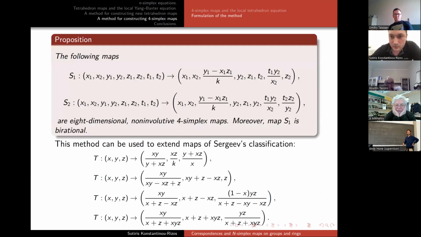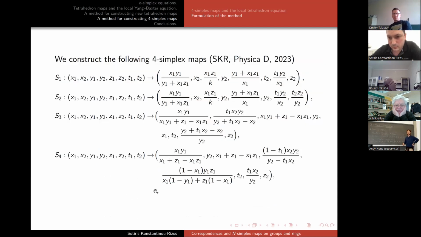This you can also do for other maps of Sergei's classification, and you get this list of maps. The extension I showed is the simplest non-trivial extension, and it already gives you nice results.